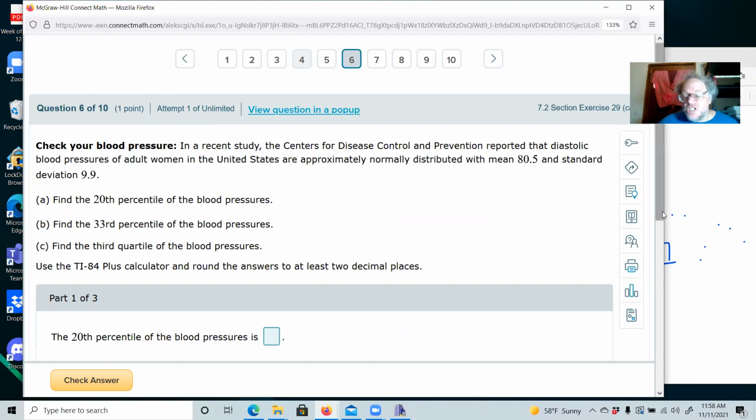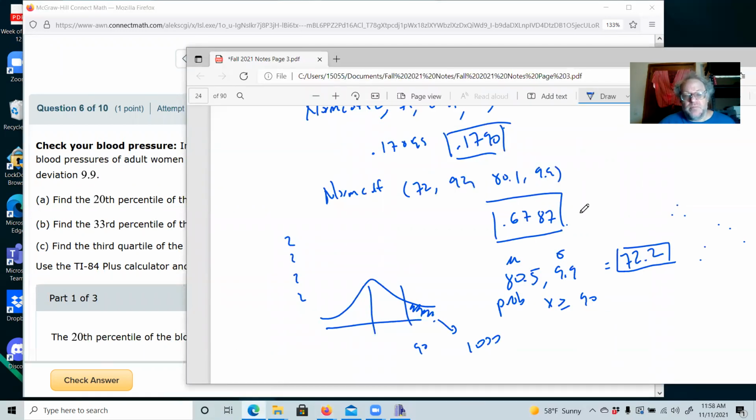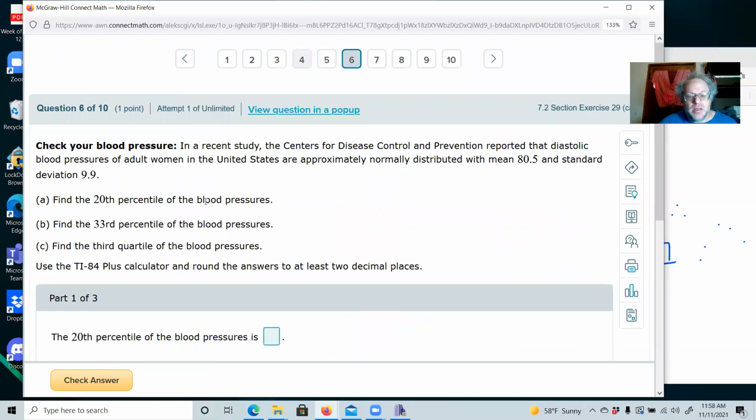Generally, if they don't say, it's 2 decimal places. Rule of thumb, it's 2. Probabilities, 4 decimal places. Values, blood pressure values, tree heights, chicken weights, 2 decimals. So this will be 72.2.